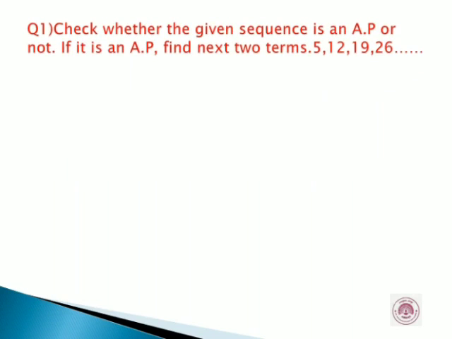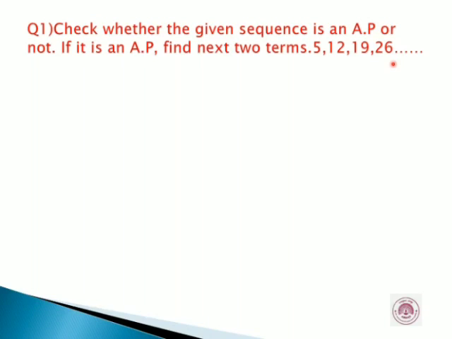Let us do one question. Check whether the given sequence is an AP or not. If it is an AP, find the next two terms. The given sequence is 5, 12, 19, 26, etc. So here a sequence is given.